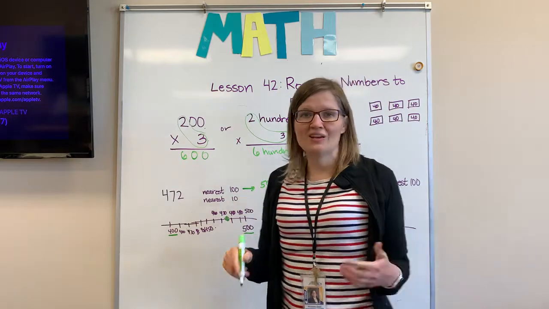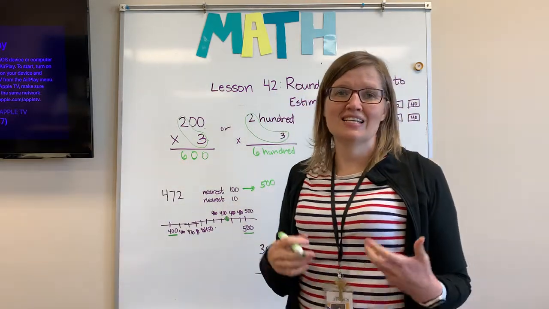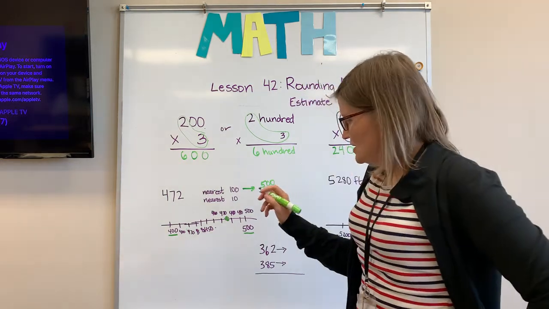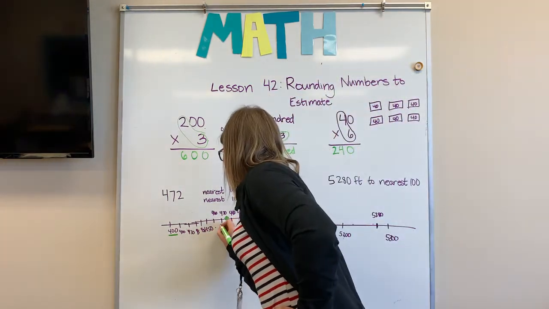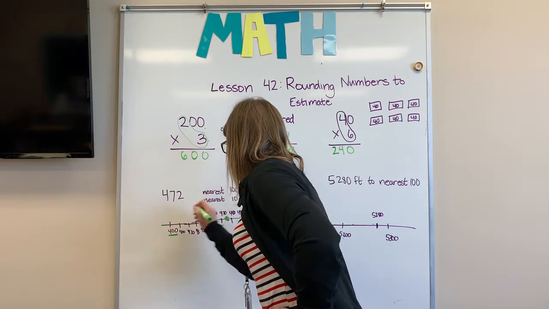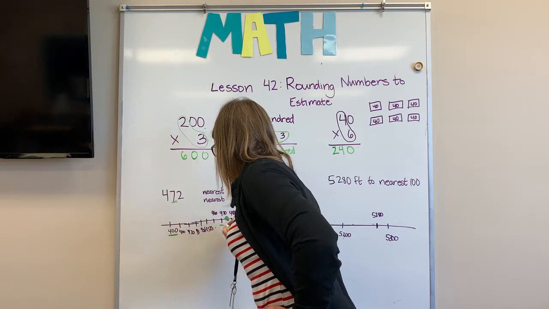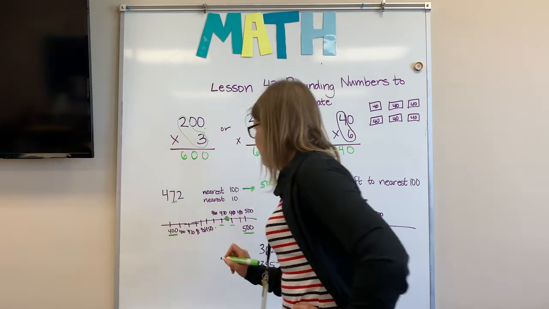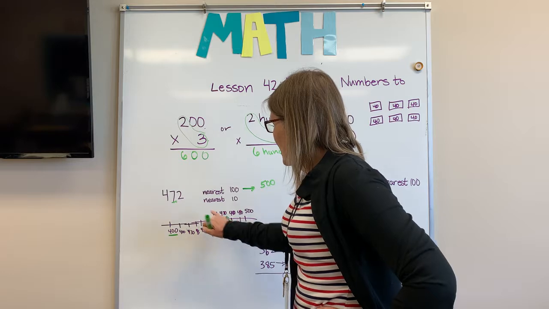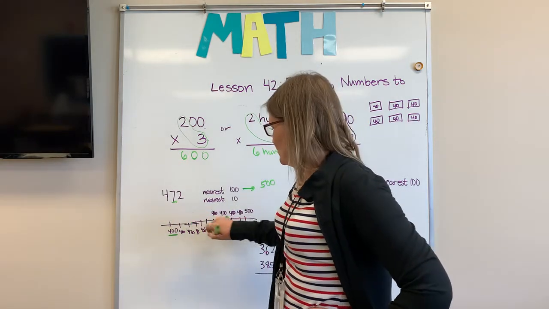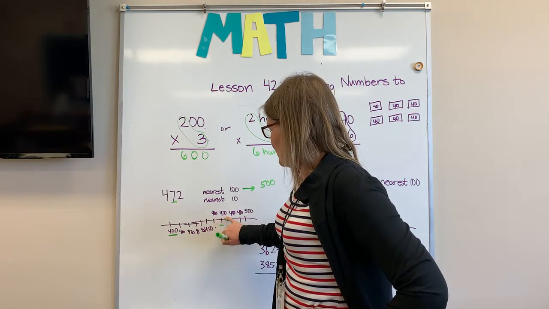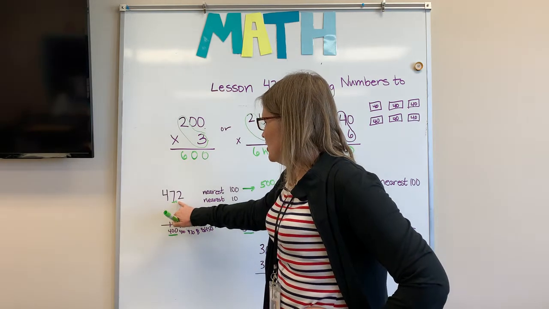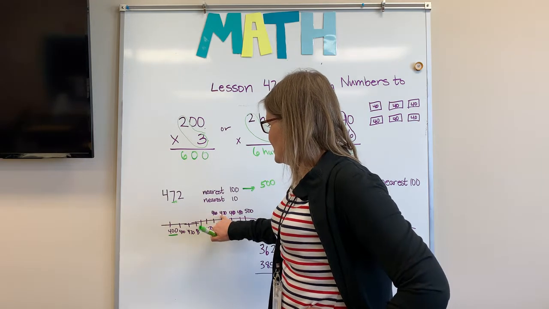Next part, they want us to round to the nearest 10. And so I look at this, and we have to determine which 10s we're talking about. It's in between 470 and 480. 472 is much closer to 470.